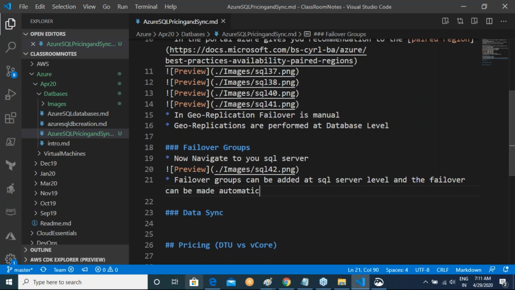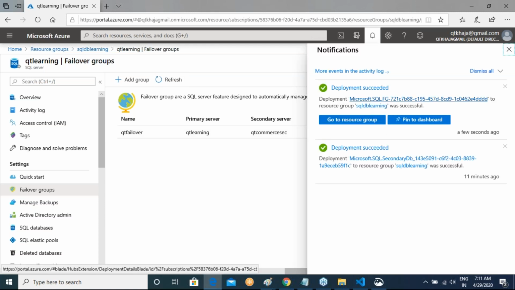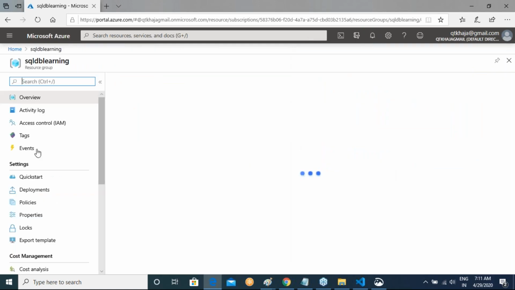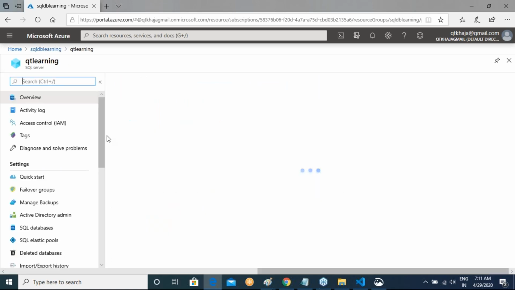Okay, so let us wait till this deployment is finished. Today, don't forget to delete this whole resource group, because it is not going to be that simple. It is going to take a decent while. So let me go to SQL server, let me go to failover groups.